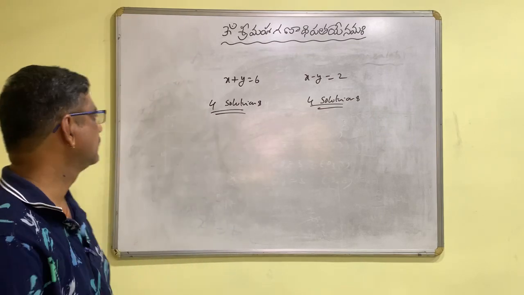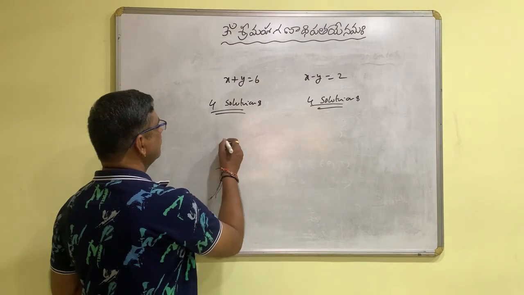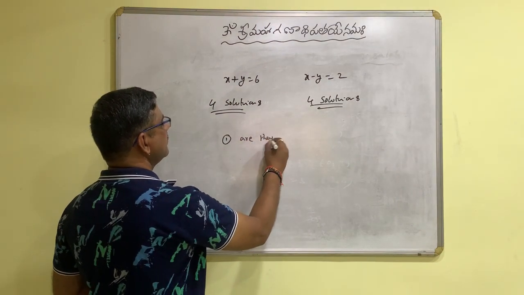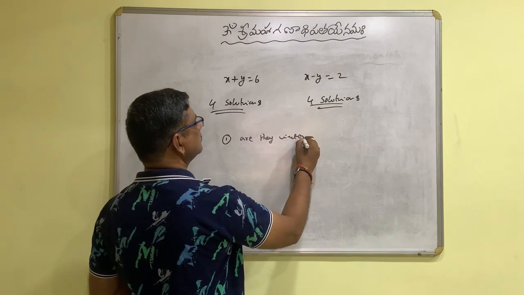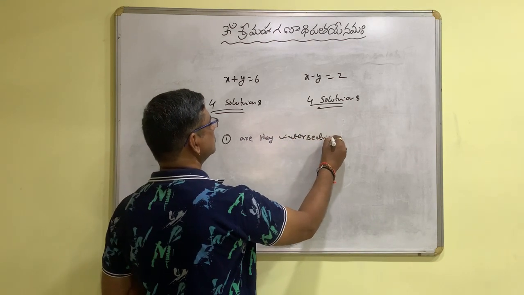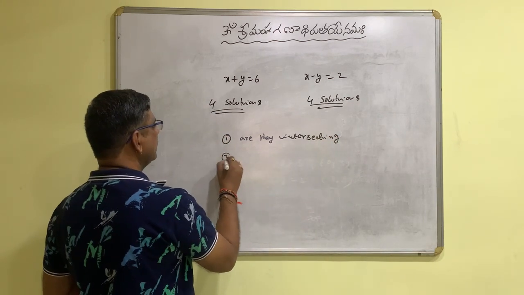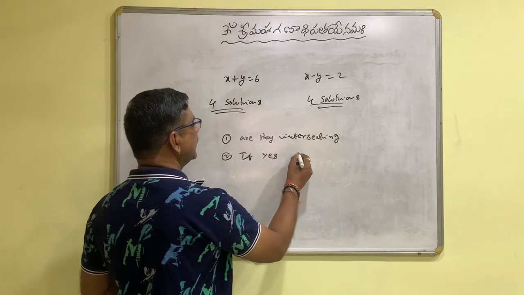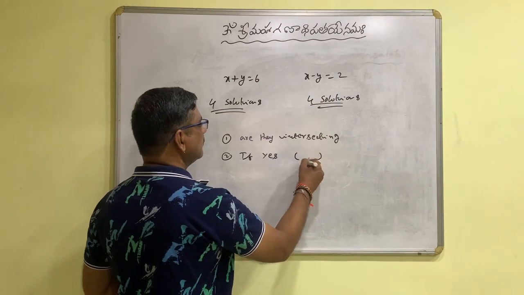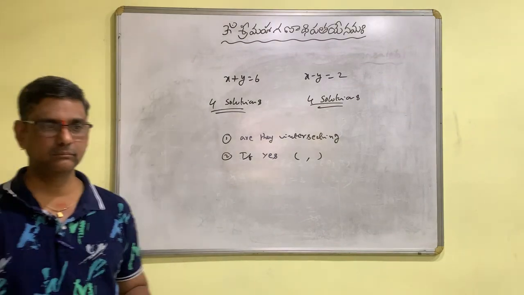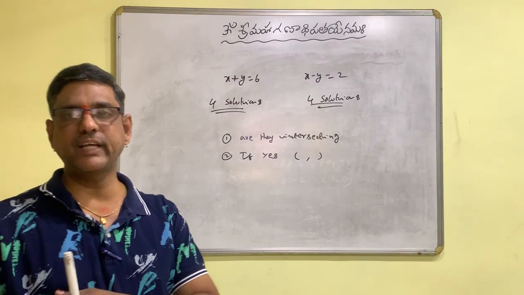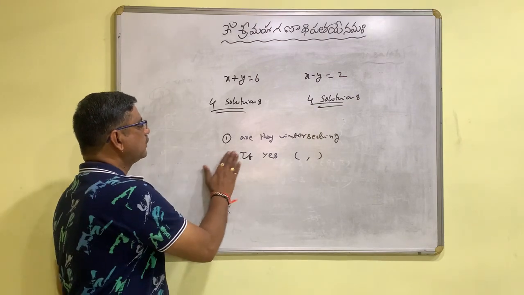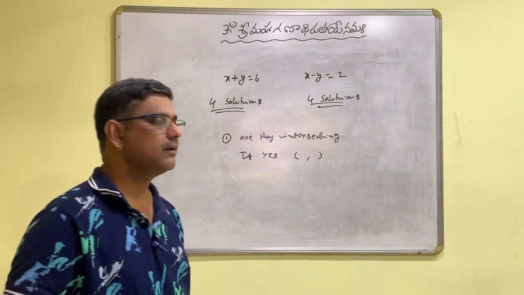Then you need to tell me, number 1, are they intersecting or not? If yes, you need to tell me where they are intersecting.